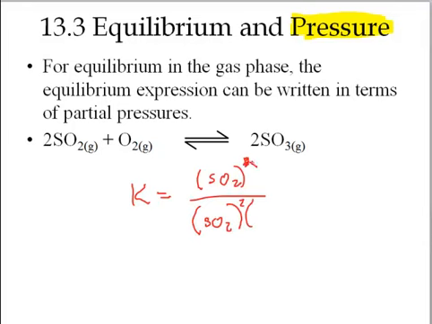You guys are probably yelling at the screen. That's a 2 over O2. All right. So notice we're calculating exactly the same way. But the parentheses is what we're going to use for gases, and the brackets is for concentration.